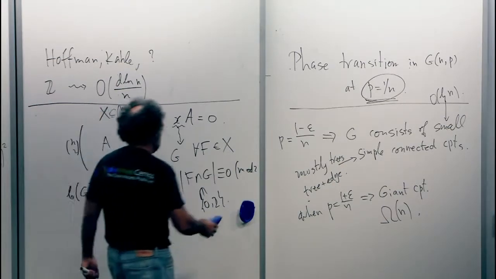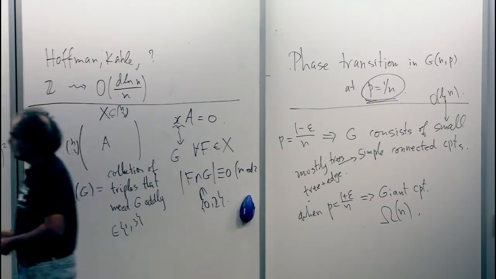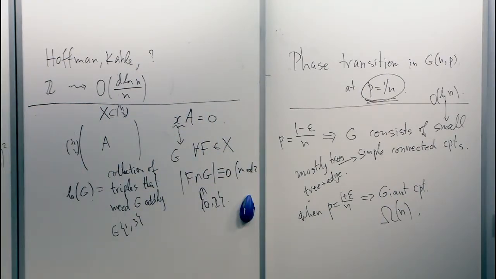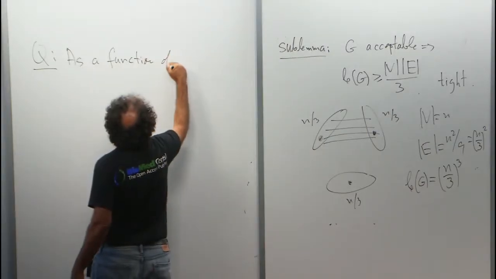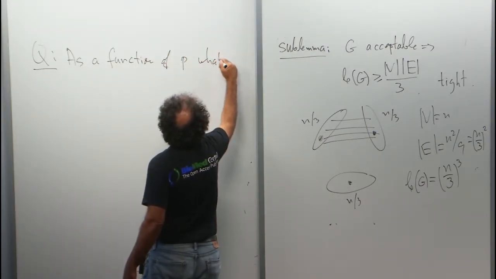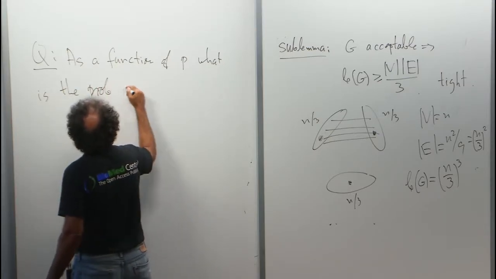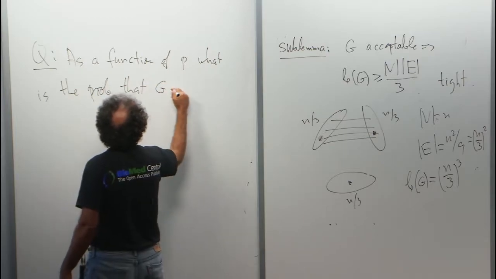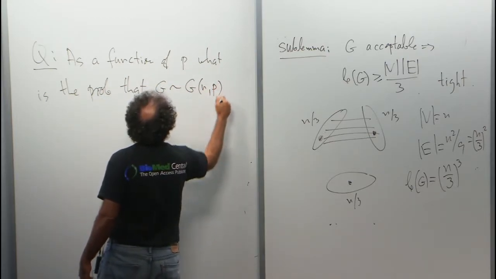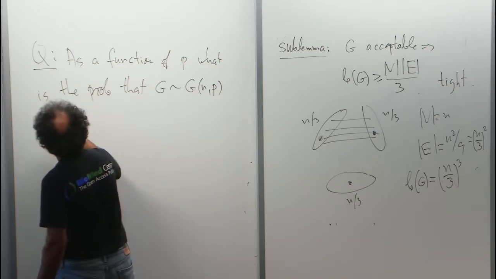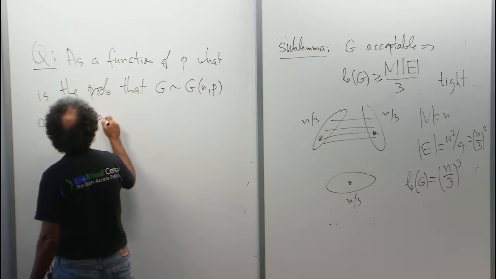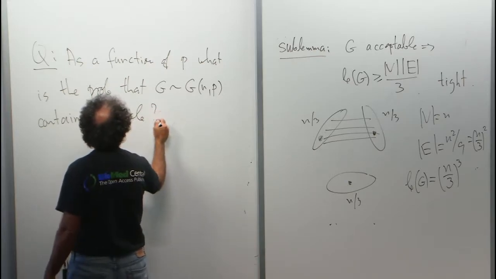So in particular, you ask, as a function of p, what is the probability that a G sampled from G(n,p) contains cycles.